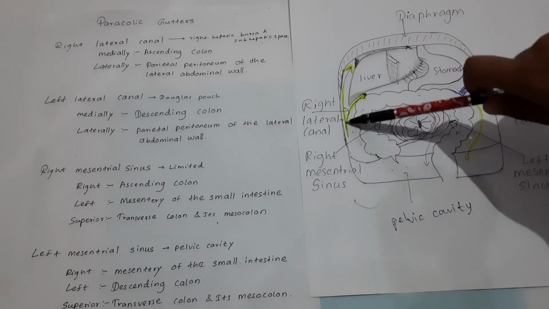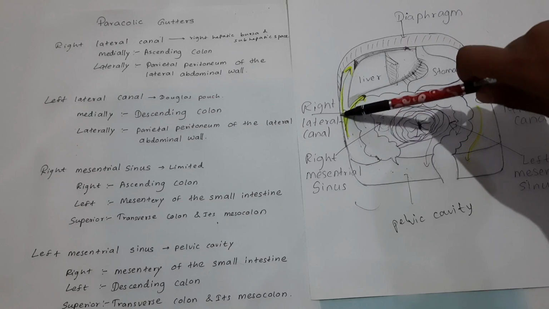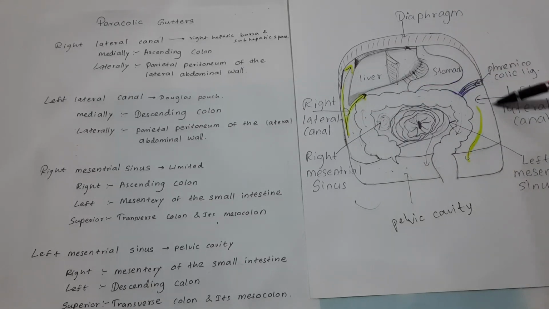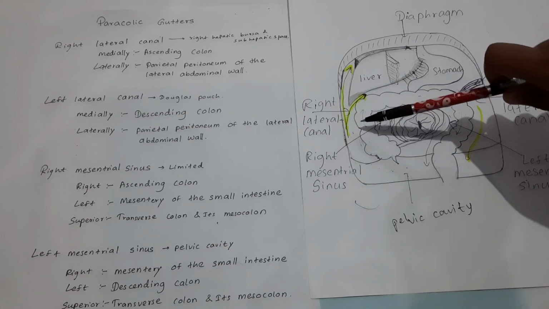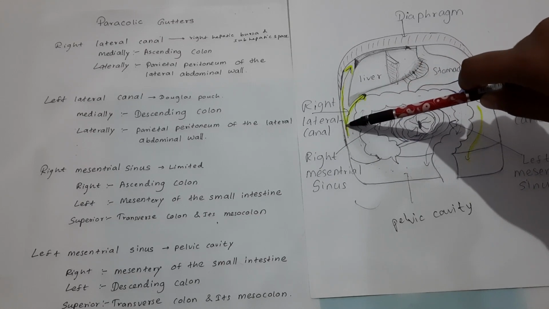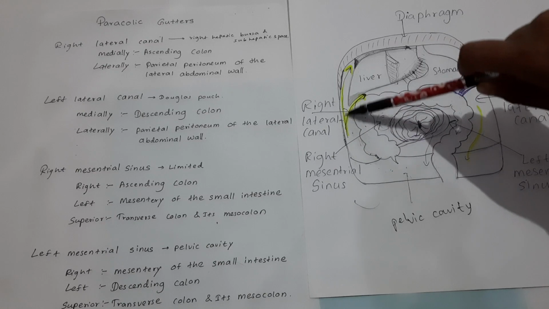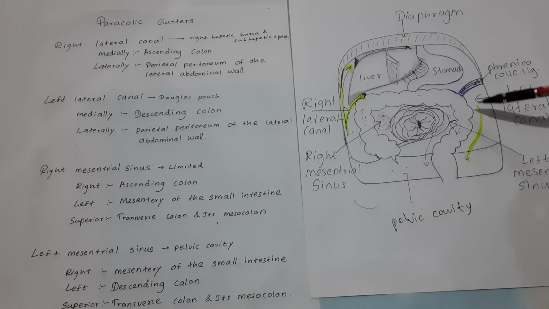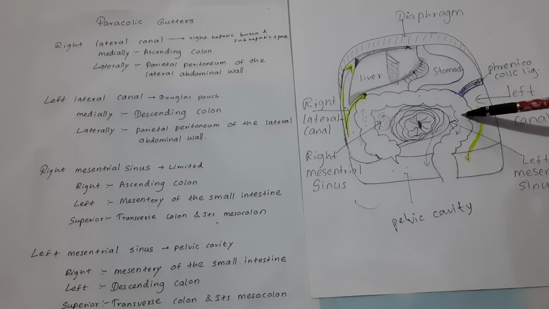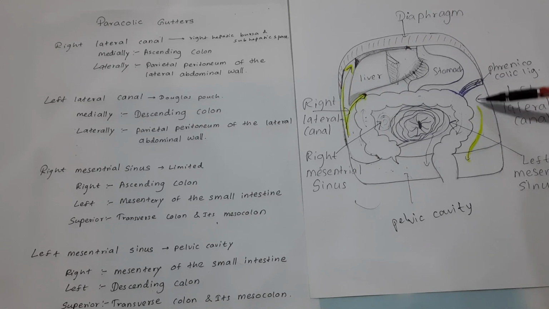So the parietal peritoneum will be lining the right lateral abdominal wall and the left lateral abdominal wall. In between the parietal peritoneum of the right lateral abdominal wall and the ascending colon, this is the right lateral canal. Here, in between the parietal peritoneum of the left lateral abdominal wall and the descending colon, it's the left lateral canal.